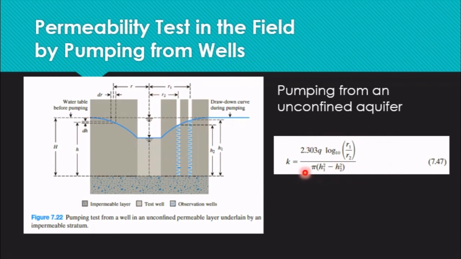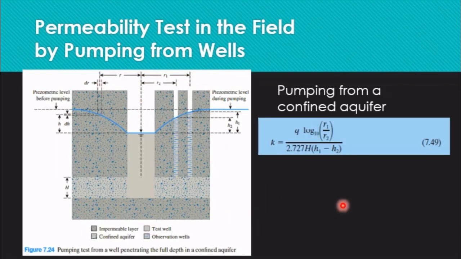Pwede mong ma-measure kasi yan yung head. Dapat alam mo yung datum mo o yung impermeable layer, ibig sabihin wala nang effect yung permeability dito, hindi na magsisip yung soil dito. Kailangan malaman mo yon. Normally ito yung bedrock. Okay, so yan yung H1 and then yung H2. Then you apply this equation. Ito ay derived na, pero merong procedure sa pagsosolve niyan.